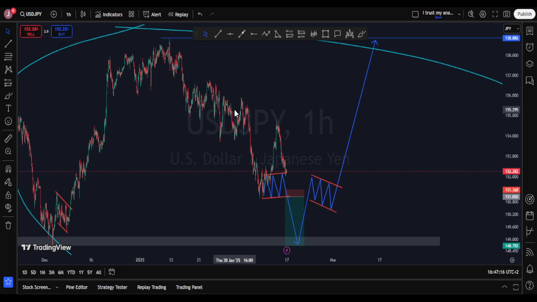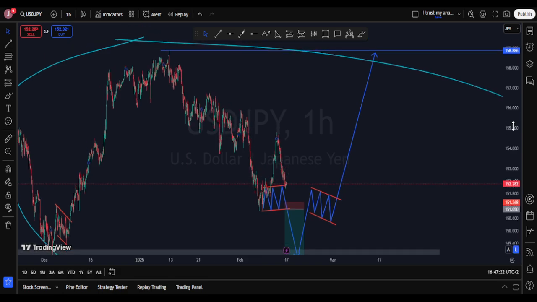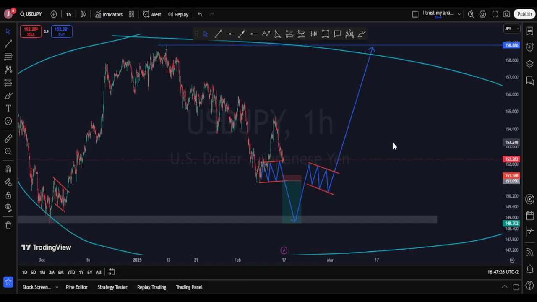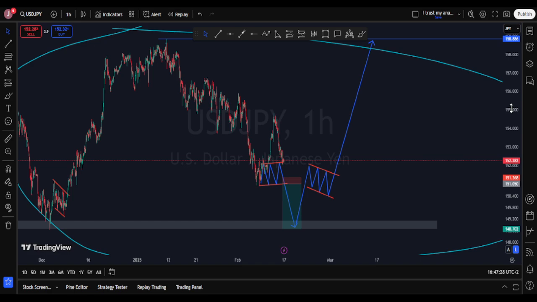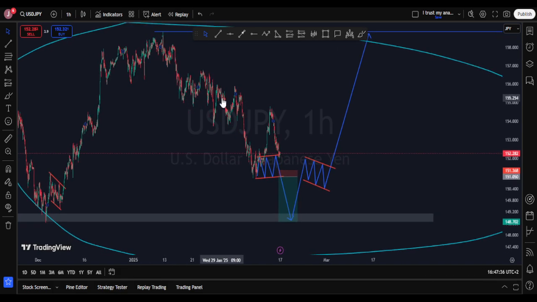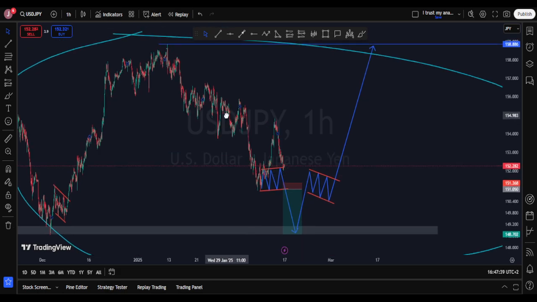As you can see, we have it in front of us, basically showing the last analysis or setup that we are anticipating. And also we'll be taking a look at Nasdaq. It's been a while, but let's get into today's video.